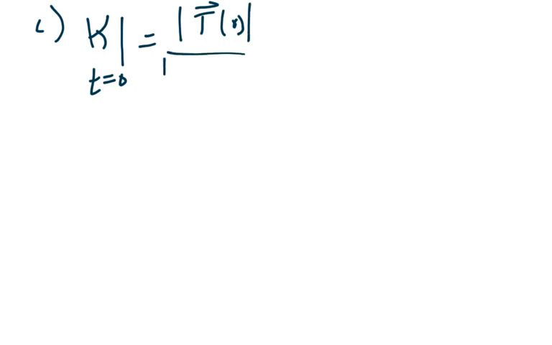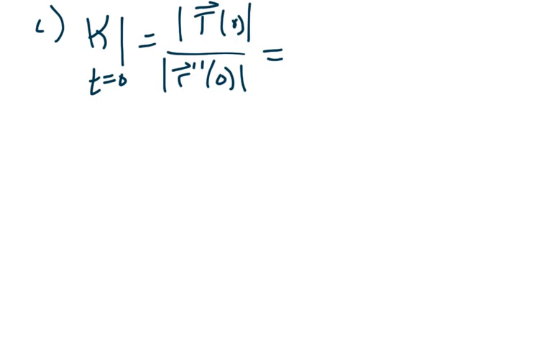Okay. Part C. Find the curvature at t equals 0. For this, we're just going to write down the definition of curvature. Curvature at t equals 0. The definition of curvature is just the magnitude of capital T prime over the magnitude of r prime.